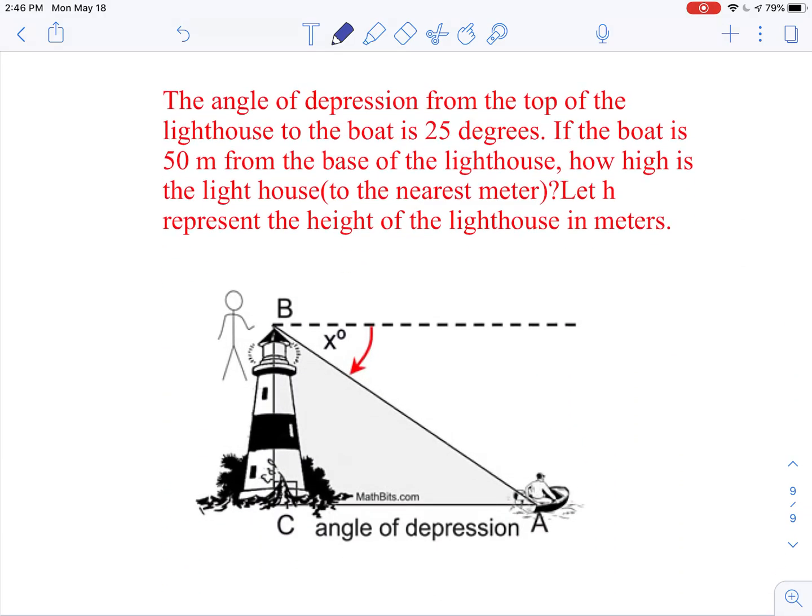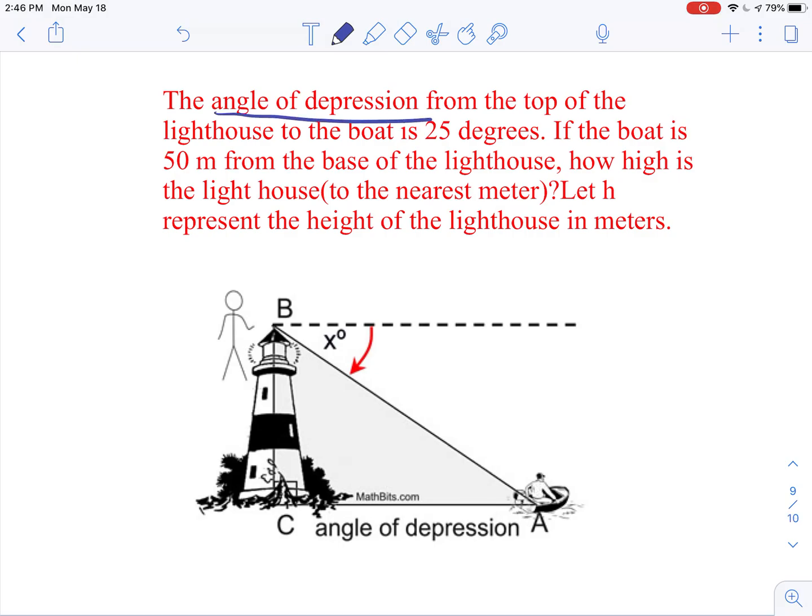The angle of depression from the top of the lighthouse to the boat is 25 degrees. If the boat is 50 meters from the base of the lighthouse, how high is the lighthouse to the nearest meter? Let h represent the height of the lighthouse in meters. Well, keyword here is angle of depression.